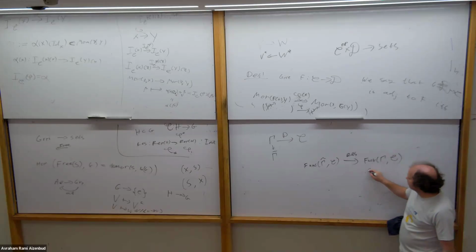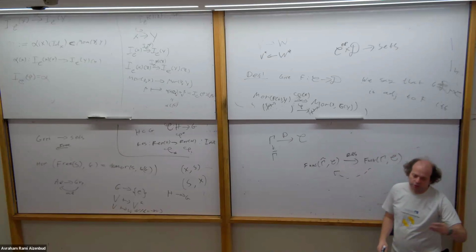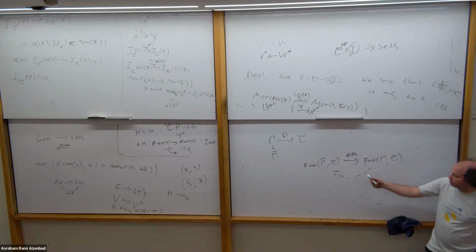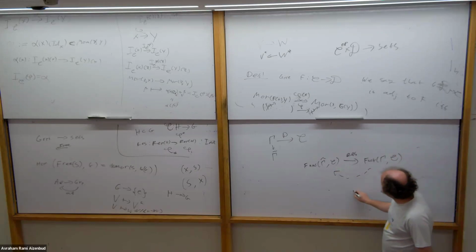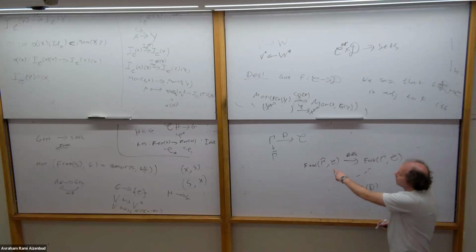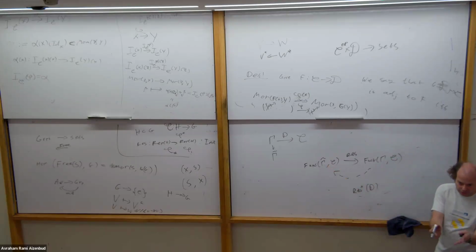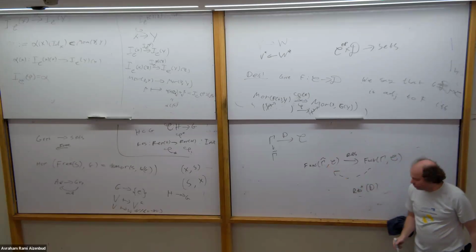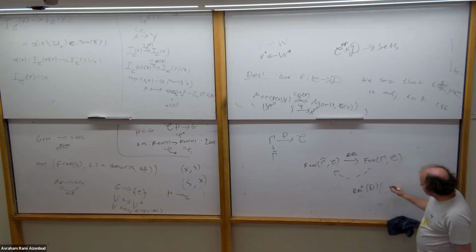So I can try to construct an adjoint functor in the other direction, and then I can take res star of D. To it I can plug in any element of gamma tilde, but of course only one will give me something new, so I plug in the added object of gamma tilde.